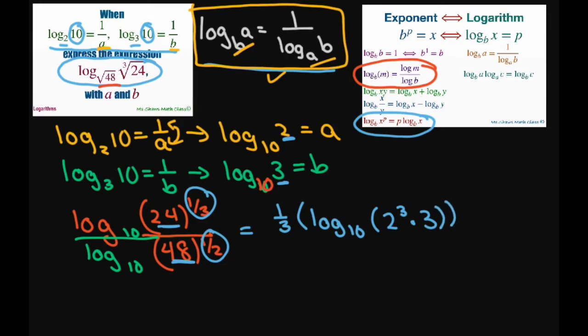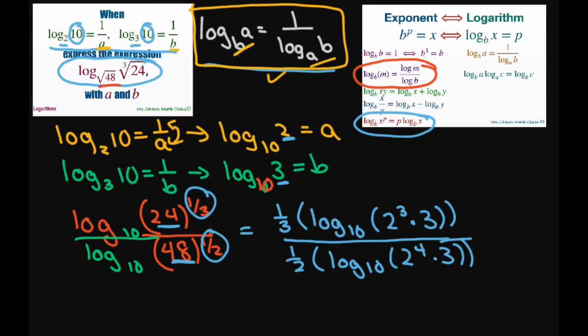And then for the denominator, we're going to have 1/2 times log base 10 of 2 to the power of 4, which is 16, and then times 3. That gives me the 48.